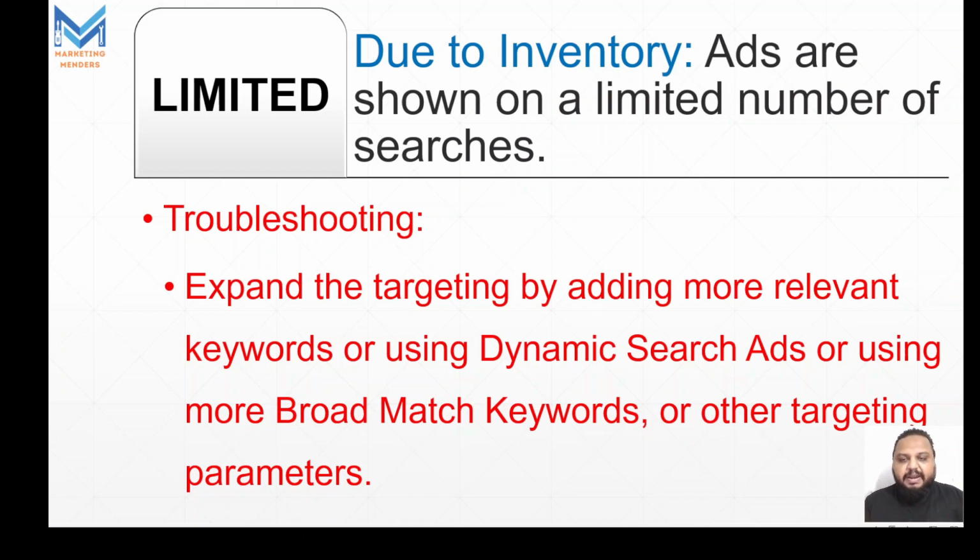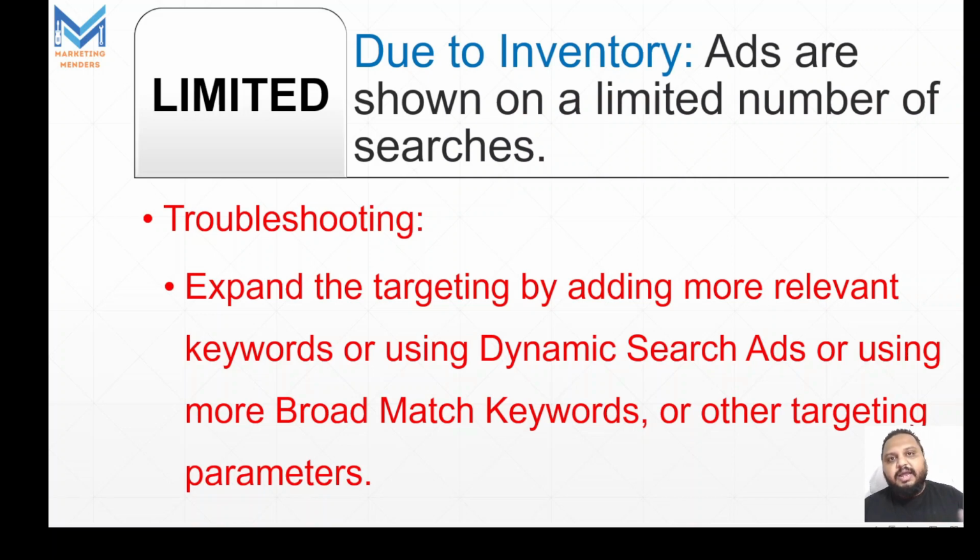So you have to expand your targeting parameters, or you have to add more broad match keywords. There could be a possibility that in your campaign you have selected all exact match keywords, and when we talk about exact match keywords, they have a low search volume. So all the ads will be showing a limited performance, right?